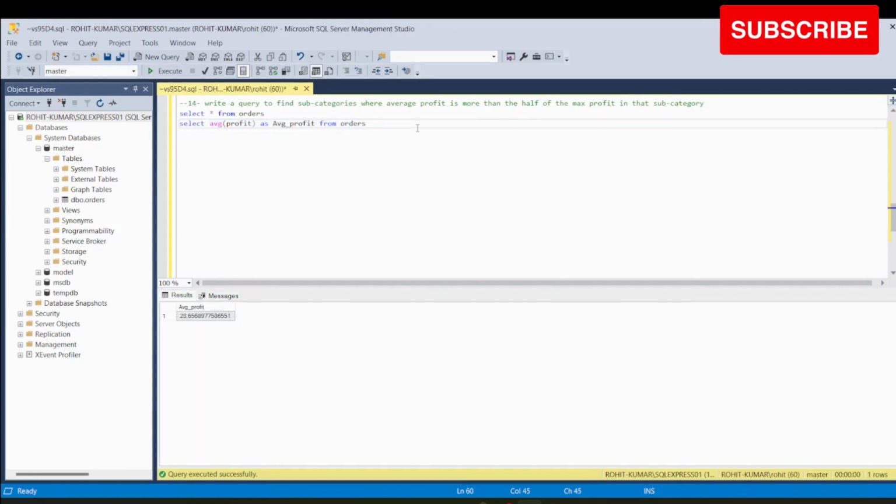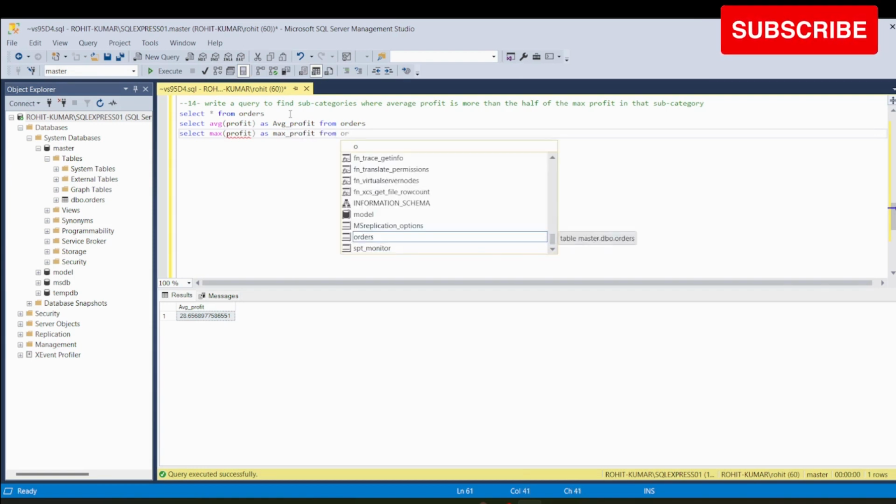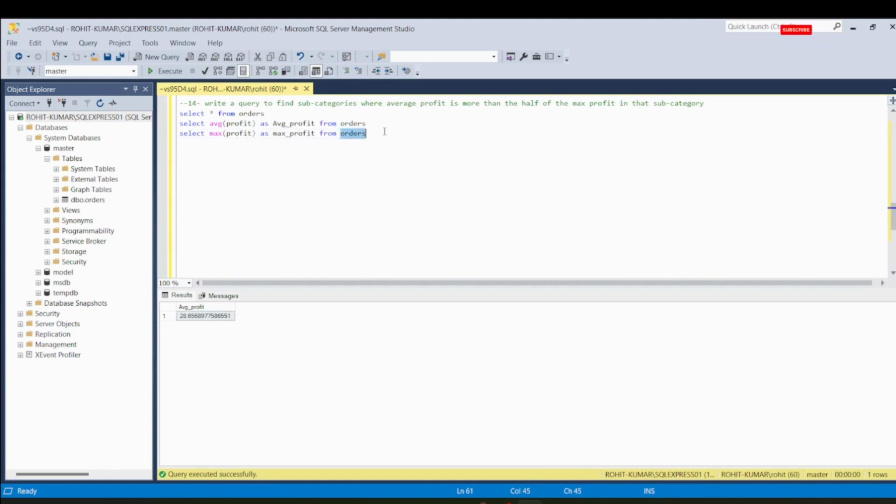So let's do the next part, which is max profit. Again we will do the same thing. We will select max profit, alias it as max_profit, from orders. Let's execute this.